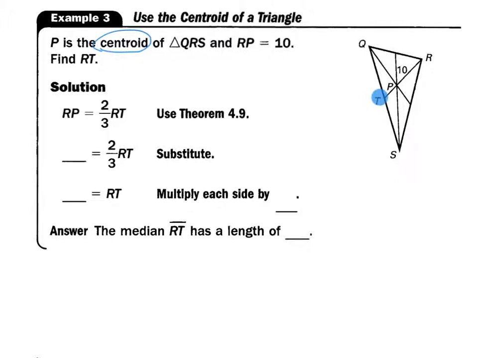If we use theorem 4.9, RP is 2/3 of RT, which is the median. If we do the substitution, RP is 10, we can come up with the conclusion that RT is 15. It's because we multiply each side by the reciprocal of 2/3, which is 3/2. So that's our answer right there, 15.